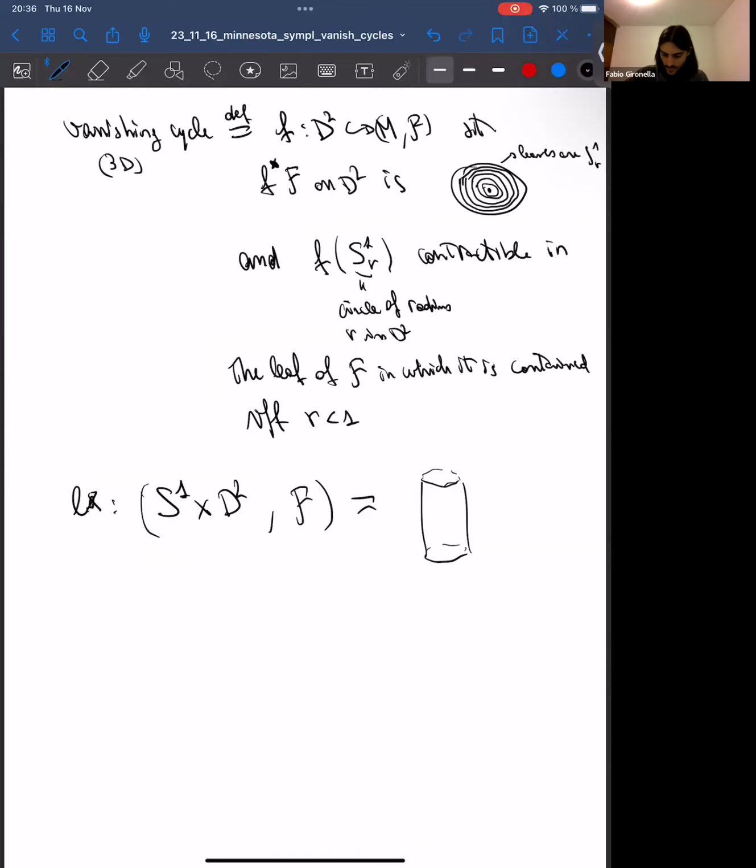And how does the foliation look like here? Well, it looks as follows. If I take a section, this is a section. I mean, if I put coordinates here, for example x, y, and z, this is a section x equals 0.